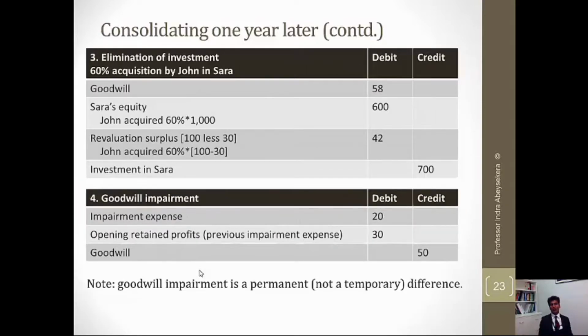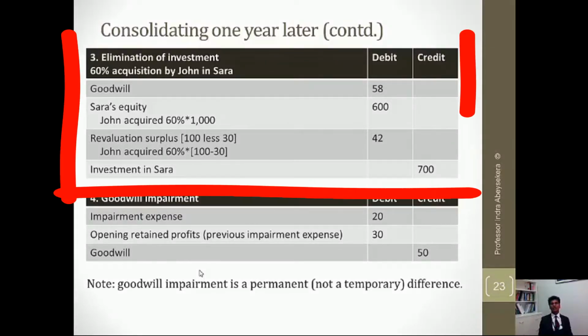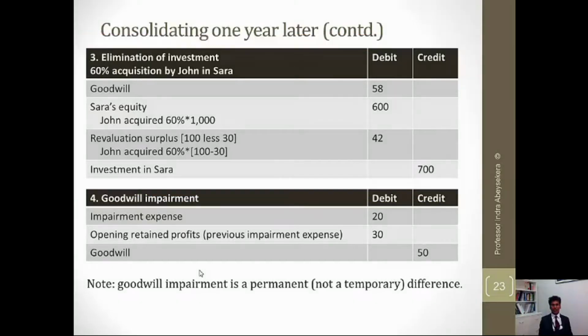Next, third one, we eliminate the investment. Investment in Sarah is 700. Equity John acquired: the book value of equity is 1,000. 60% of that is 600.